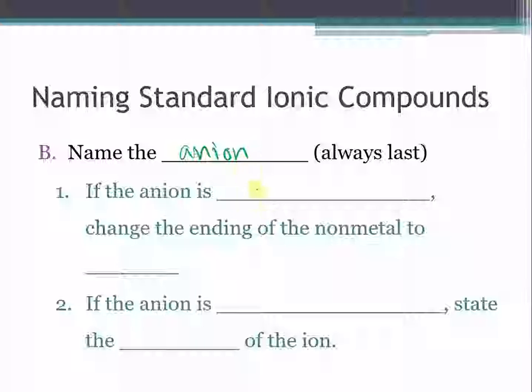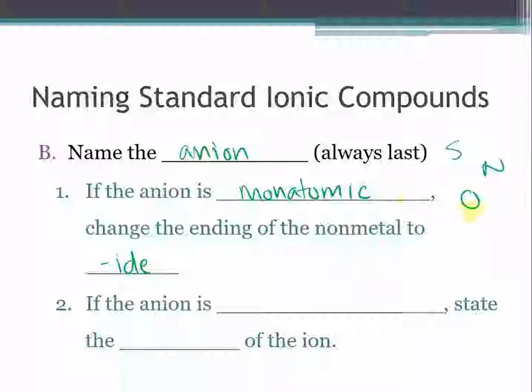If the anion is monatomic, made of one single atom, one single element, I should say, if it's something like sulfur or nitrogen or oxygen, you will keep the root of the element just like you did for covalent naming, but then change the ending to "ide." Again, just like we did for covalent.